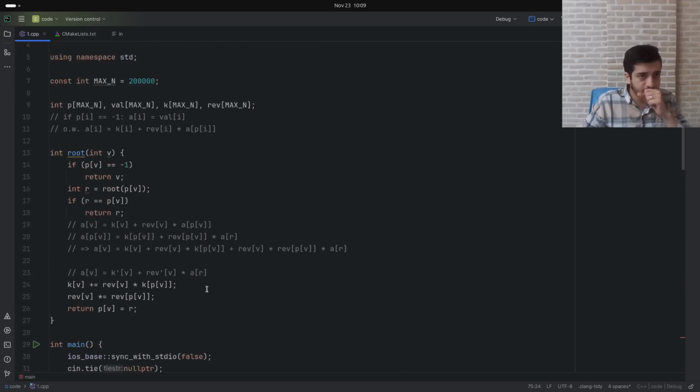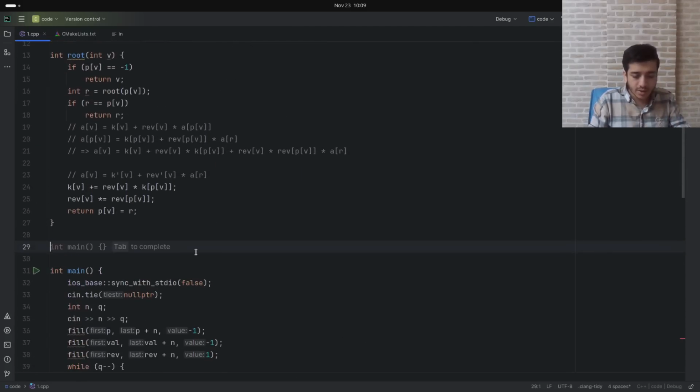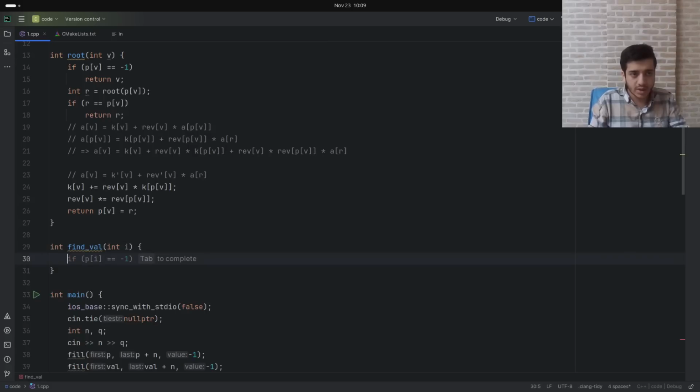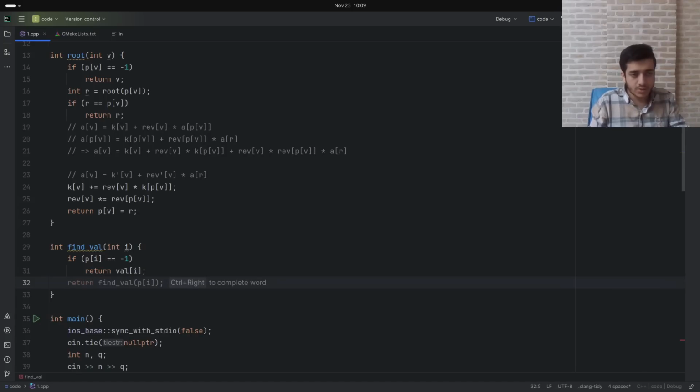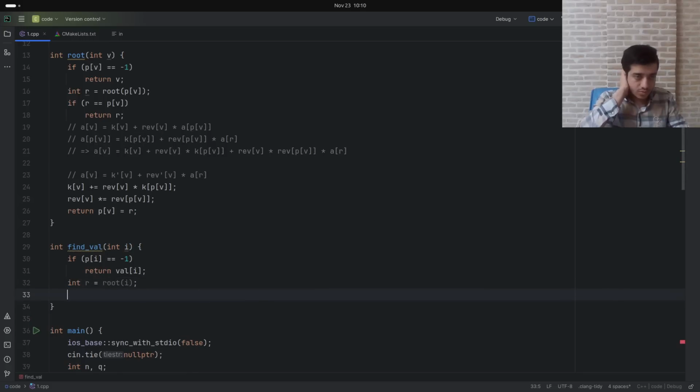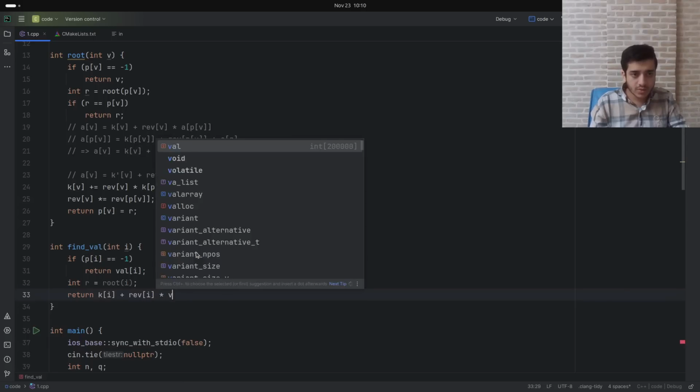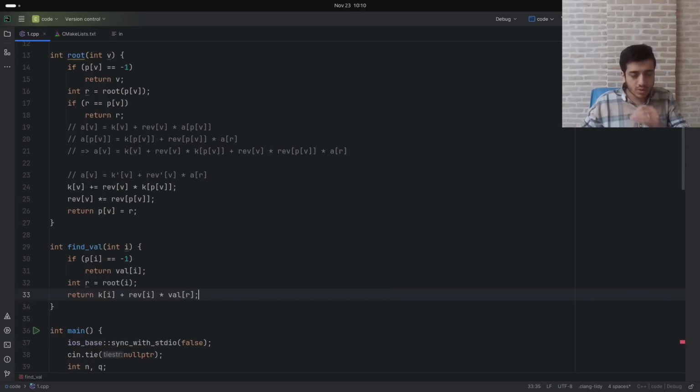Let me implement the function named find val, which works like: return val of I. Otherwise, root of I, and then return ki plus rev I times value of root. That works, right?